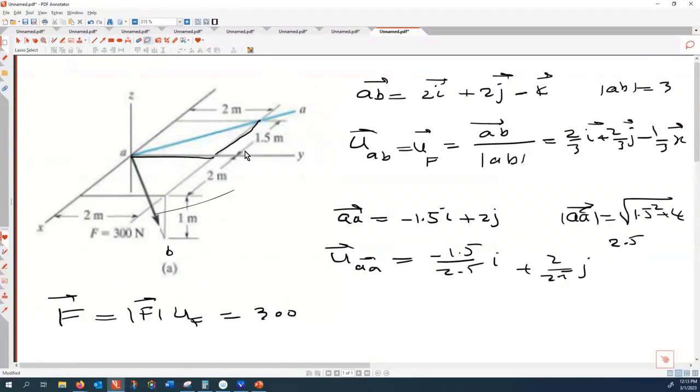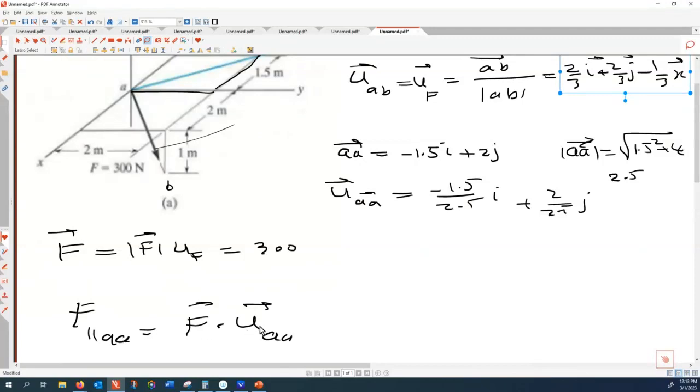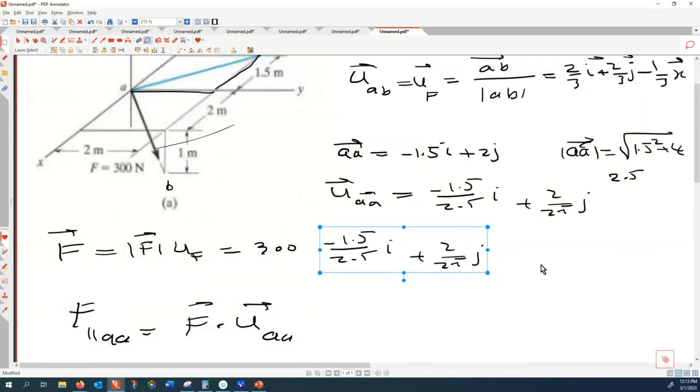The question just says the magnitude of the projection of force F along AA. Yeah, the notation is correct, but when I try to find F, that is the unit vector of AB. Oh yeah.